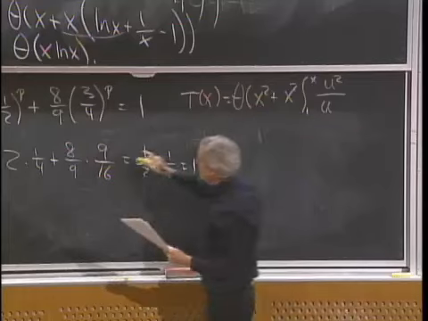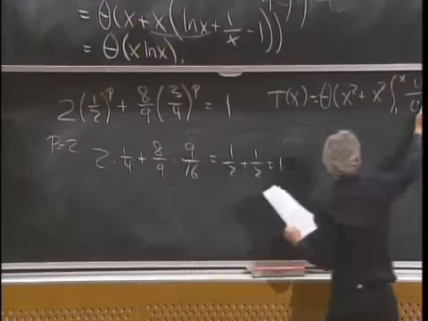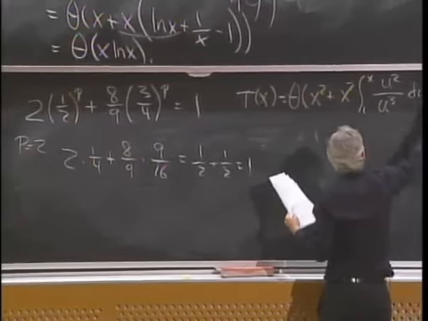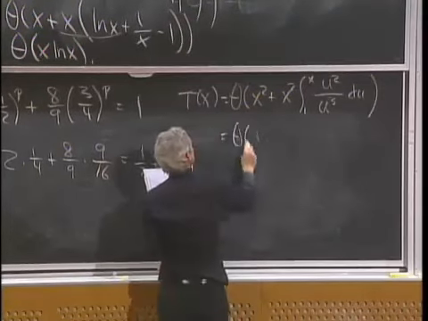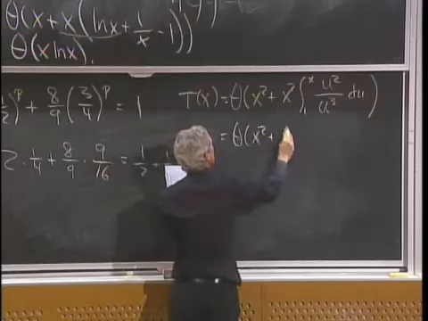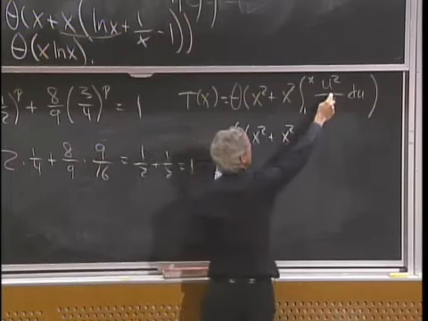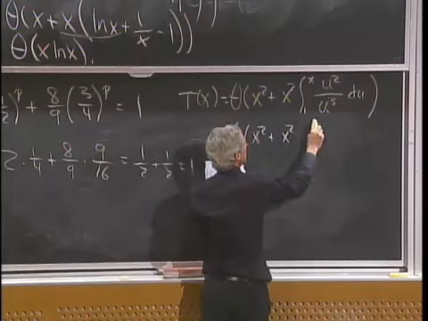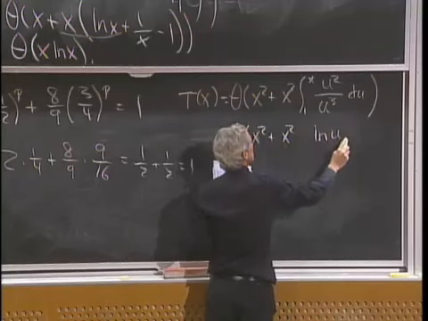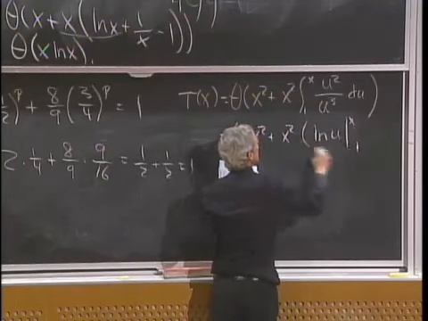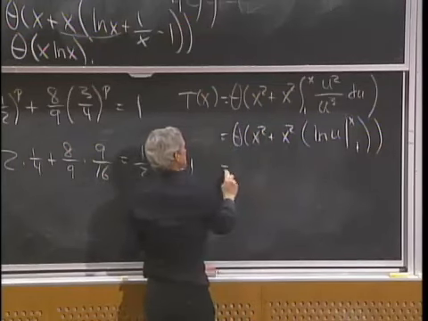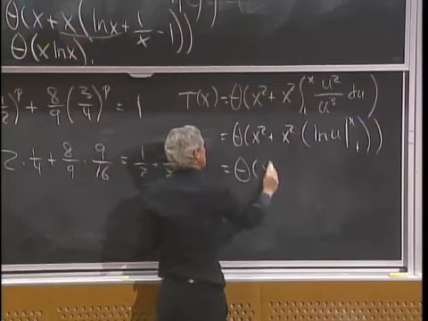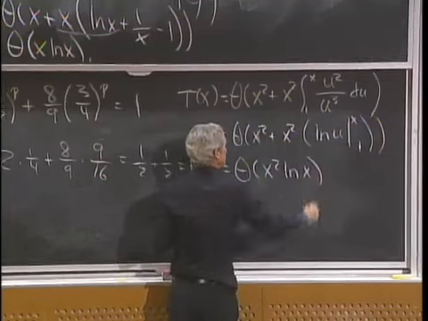U to the 1 plus 2 is just u cubed. All right. This is theta x squared plus x squared times, well, the integral of 1 over u is just log of u, and that's just log of x. So the answer is x squared ln of x. Done.